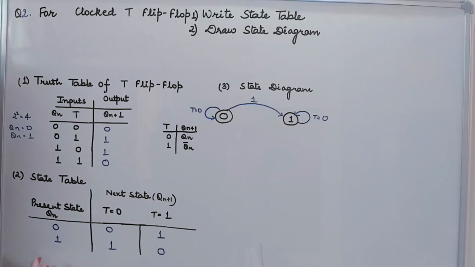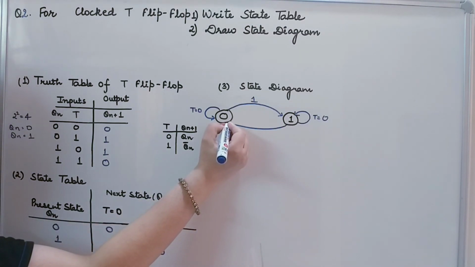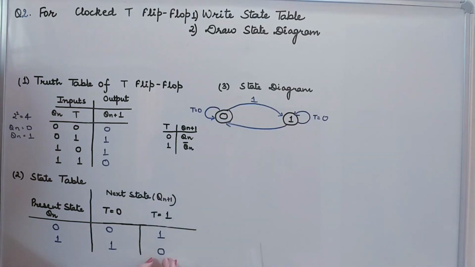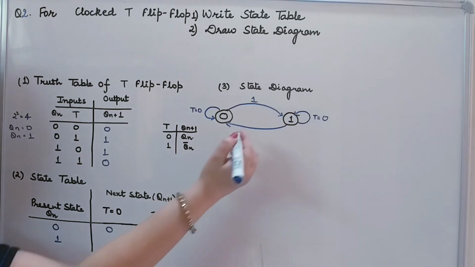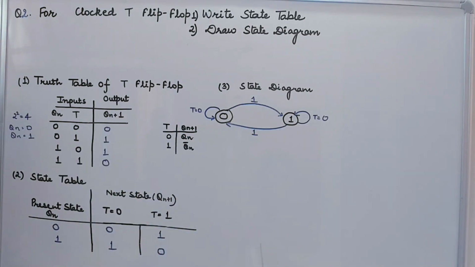It indicates the same thing. The present state 1 and the next state 0. So this is showing the directed line that the state transition from 1 to 0 for what value of T, that is equal to 1. I am writing down just 1 here. So this is the state diagram. Thank you so much.